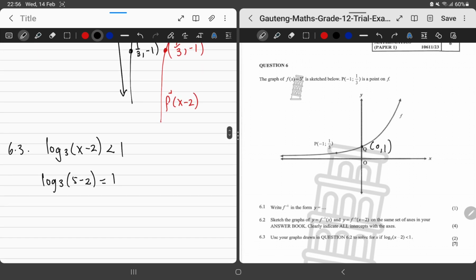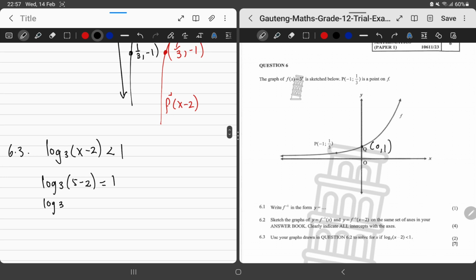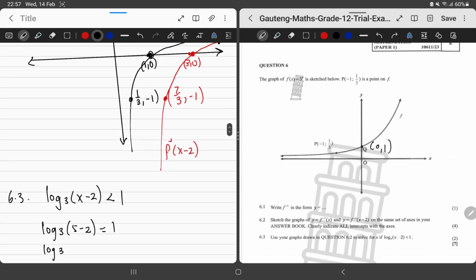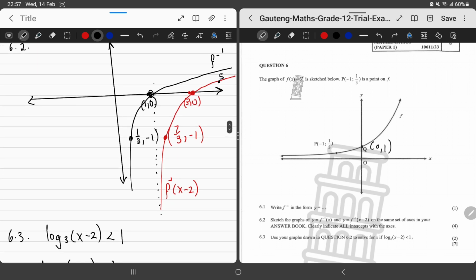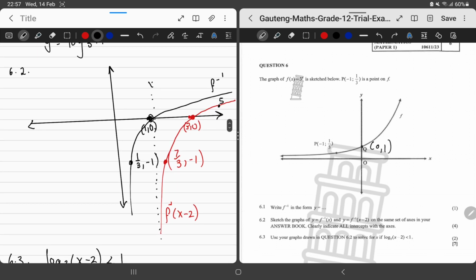Now I just need to find the lower value. The lower value is going to be at x is equal to 2. Because you notice how this doesn't cross over to the y-axis. Now imagine that becomes the asymptote of the red graph. So this will be x is equal to 2.